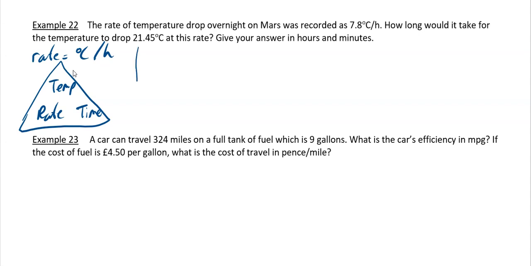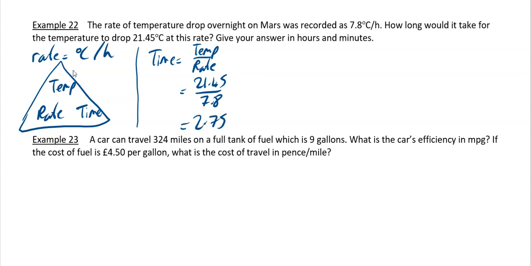So what we're looking for in this question is your time. So it's going to be equal to the temperature divided by the rate. So that's going to be 21.45, and the rate was 7.8. And if you do that, it gives you 2.75, and that's going to be 2.75 hours.